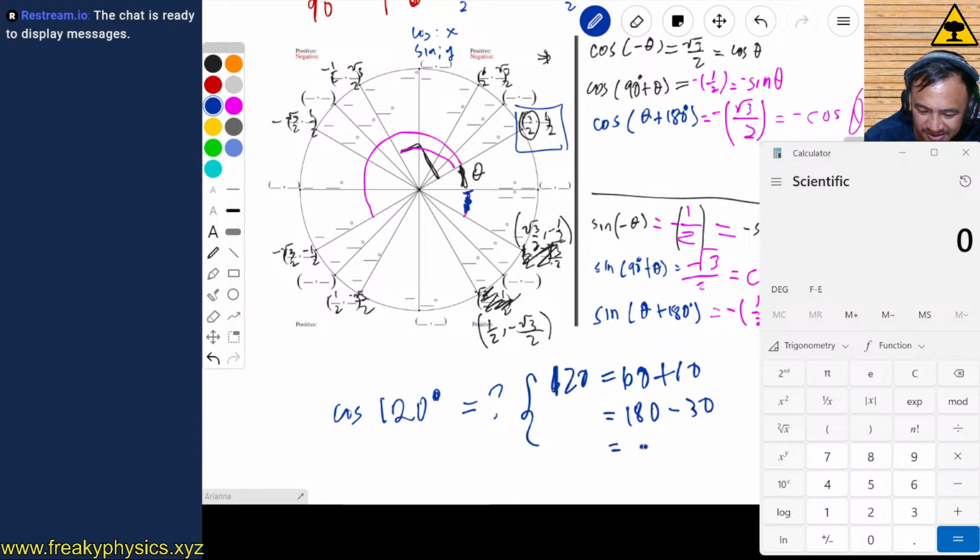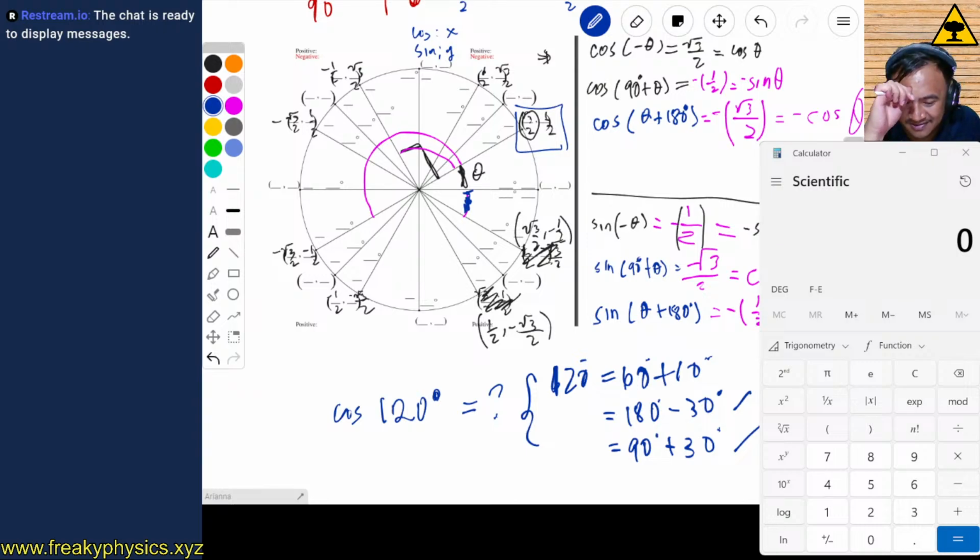The other one is 90 plus 30, right? Okay, so which one of these is going to be the most useful? The 90 or the 180. Either one of these would be more useful, right? Okay, so with that in mind, solve for cosine 120 degrees using the unit circle.